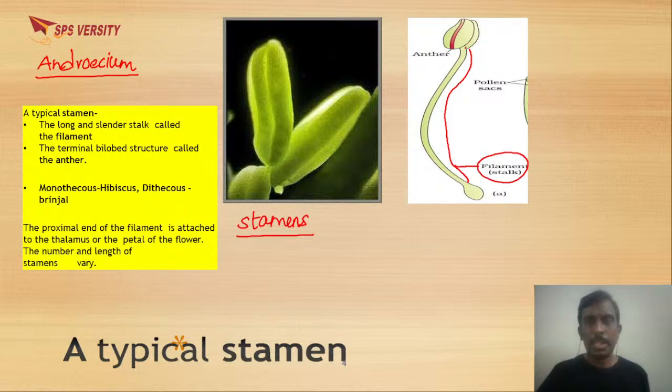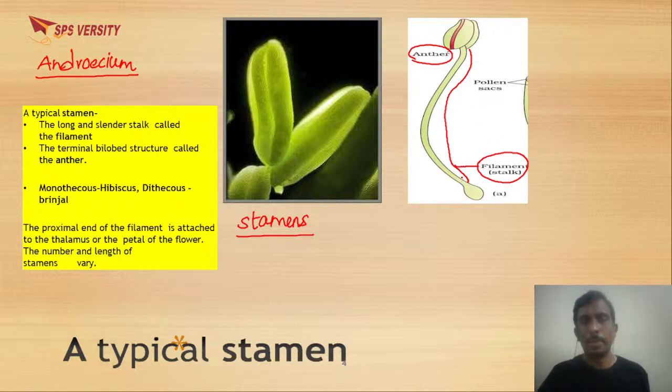And above this there is a part called the anther. That means a stamen has two parts. One is the filament and the other is the anther.